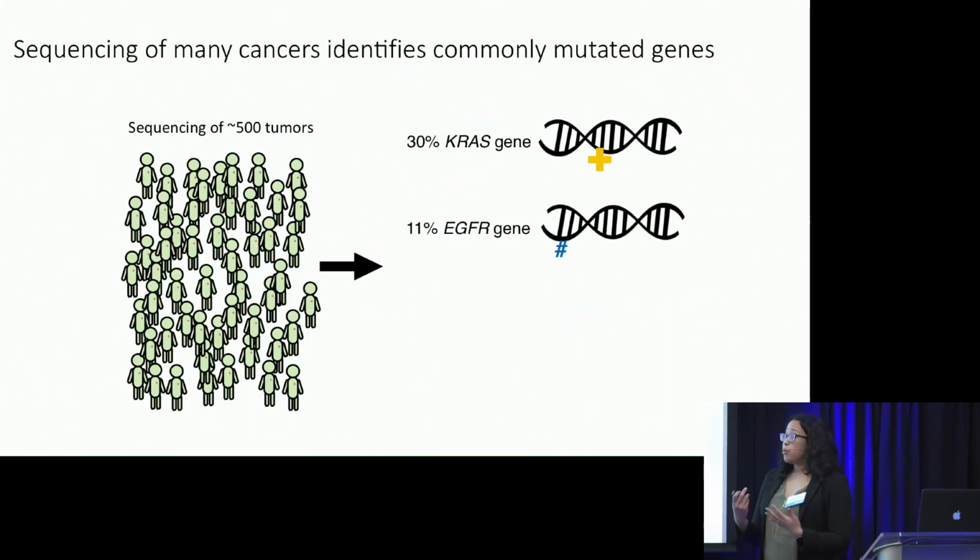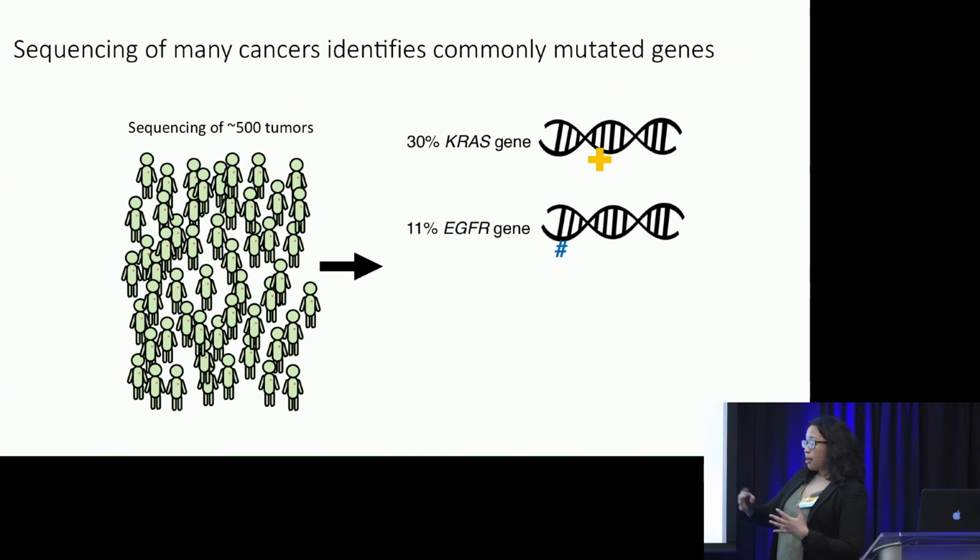And then when you sequence many patients that have the same type of cancer, say lung cancer, for example in a study I was involved in where we sequenced about 500 lung adenocarcinomas and then looked at what genes were mutated, you can see that about 30% of these lung cancers had mutations in a gene called KRAS, and about 11% have mutations in this gene EGFR, which was the same gene I mentioned that Maki had.